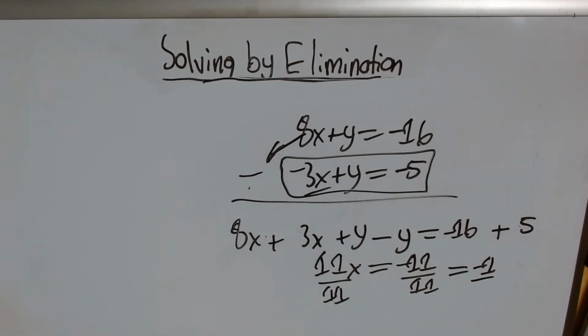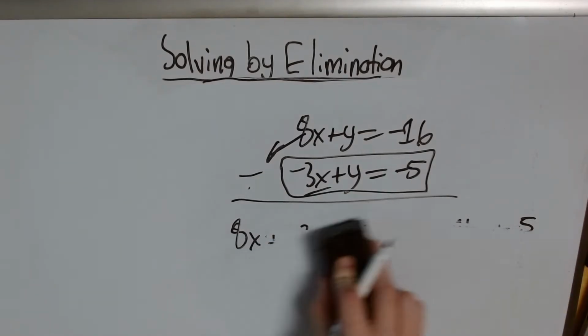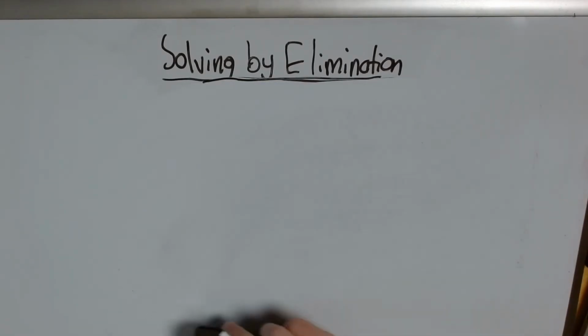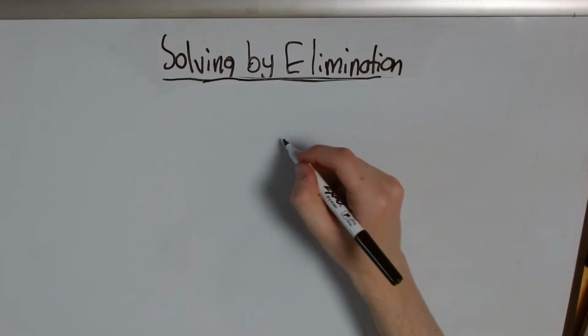Nice and easy. But there's one other topic that you have to cover with elimination. And that comes down to the will of the teachers. Sometimes we'll have a teacher that says, you must use elimination to solve these problems. So what are you going to do? Let me give you an example. Say it's something like this.